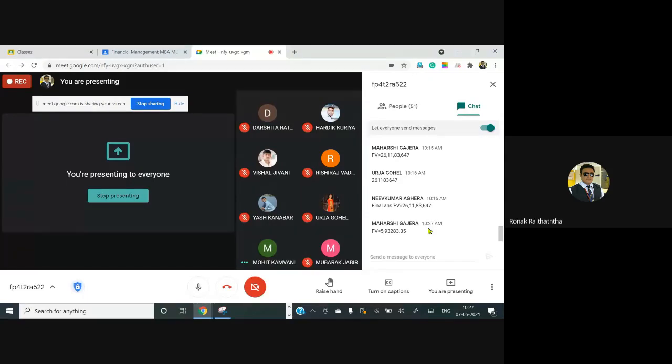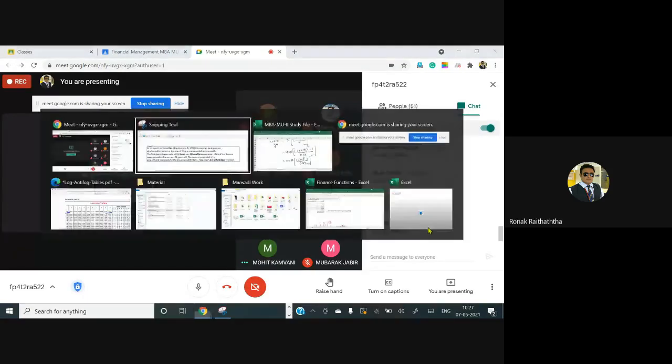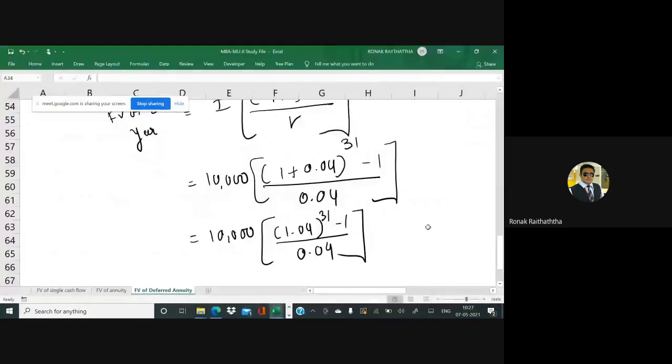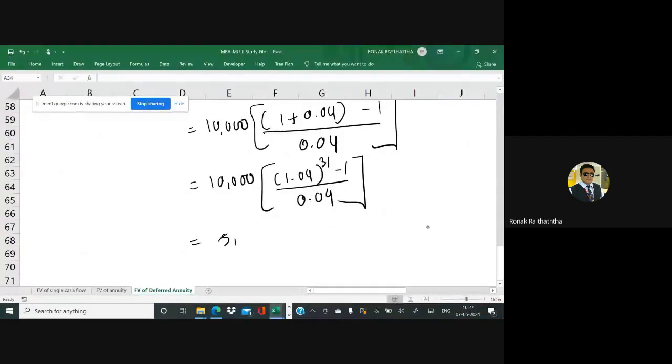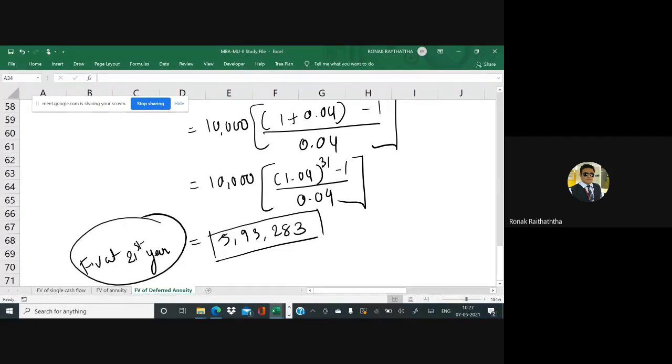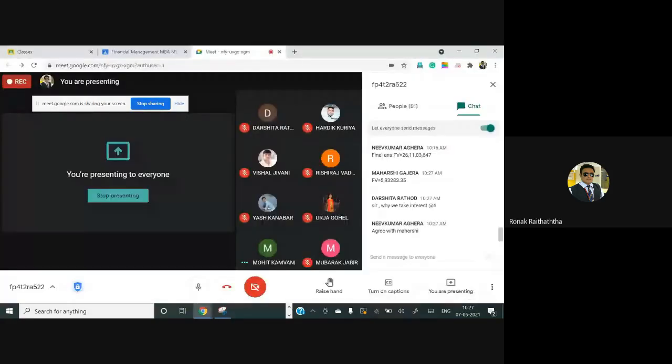Five lakh 93,283. That is FV at 21st year. I hope everyone would have got it.